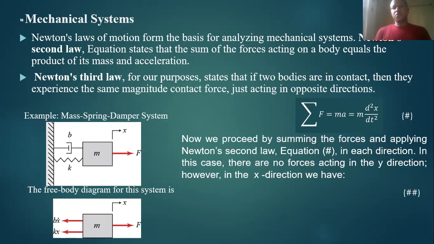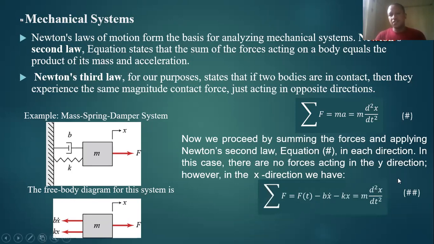Now we proceed by summing up the forces and applying Newton's second law as given in equation 1 in each direction. In this case, there are no forces acting in the y direction, so the y force is not considered. It is only in the x direction. So these are the forces for this system.